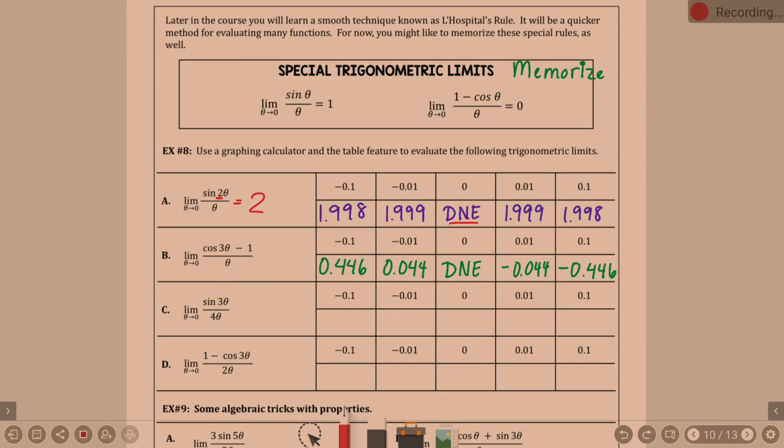Now, Logan's prediction was 3 or -3, whichever it was. Why not? Because it's cosine minus 1, not 1 minus cosine. Yeah. No, that's why I said -3 instead. Okay, I see. Or wait, no, it equals 0. Oh, I thought it equaled 1. Well, and that's the other thing.